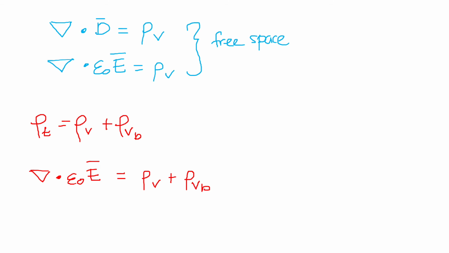And this rho VB, we know, is equal to negative divergence of P. Thus, we can rewrite our equation.